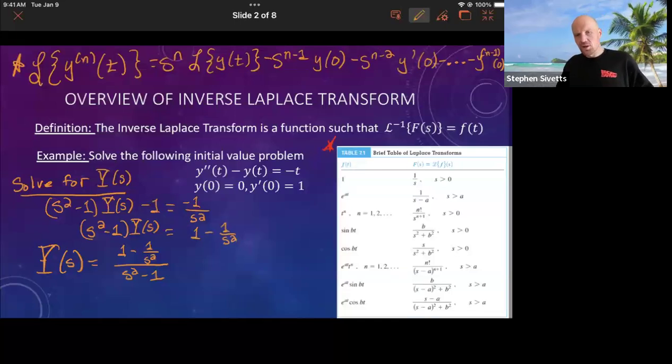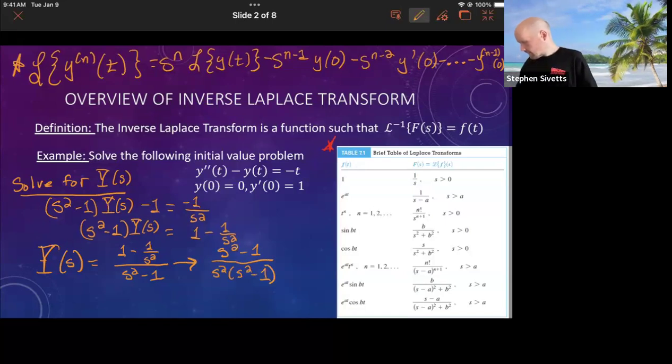If I just reduce this right-hand side a little bit more, we'll have this quantity, S squared minus 1, divided by S squared times S squared minus 1.